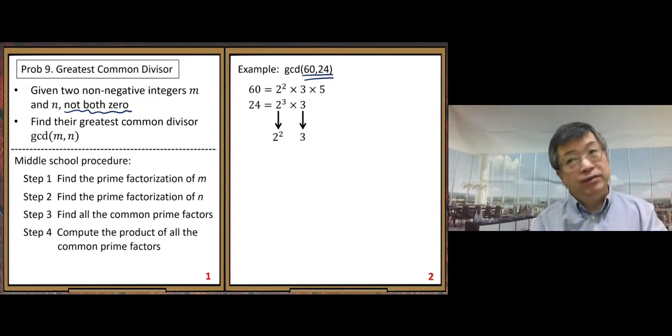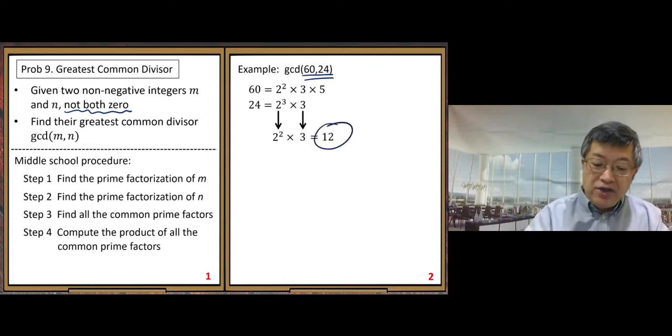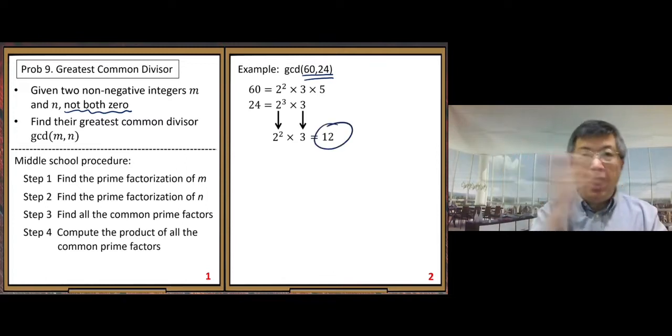Factor 5, no common factor, since the power of 5 with exponent greater than 0 is not in both. You may argue about exponent equal to 0, but we don't count that part. Multiplication, the product, you get 12. You can easily find the GCD, 12.